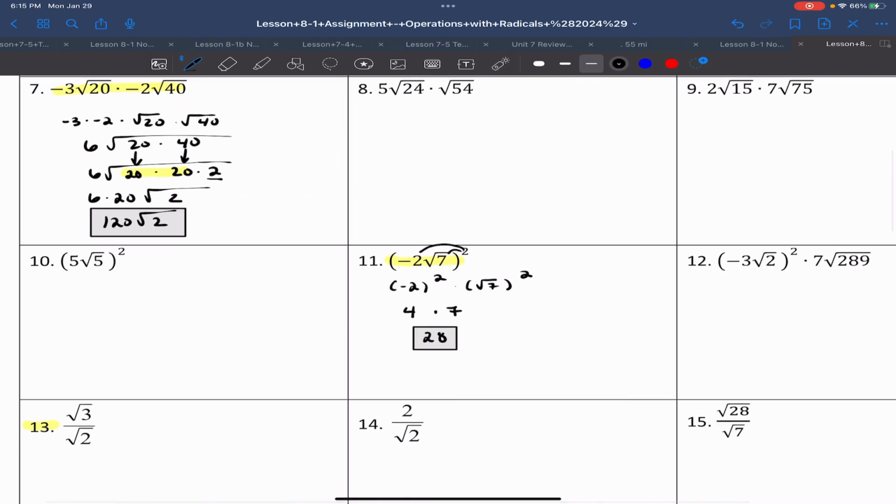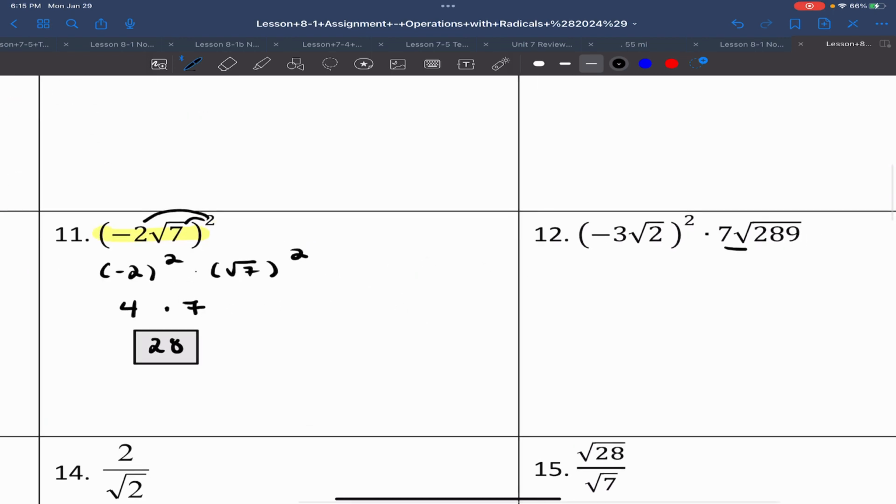Then you can do 12 on your own, and then this right here shouldn't be too difficult. And the reason why I don't think this is difficult is because it's 7 times a perfect square, which you can actually put in your calculator. That should give you a nice whole number there. 7 times some number, I'll let you figure that out.